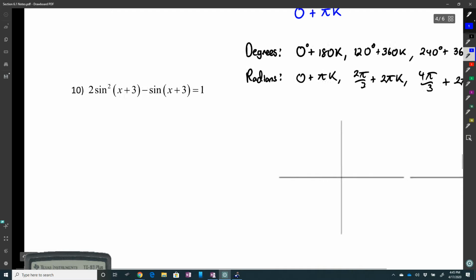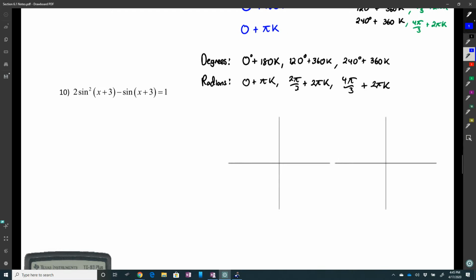So we have 2 sine squared of x plus 3 minus sine of x plus 3 equals 1. All right, so this one is different because there are 2 of the same thing, 2 sines. And so what you have to realize here is that it's actually a hidden quadratic. I'm going to subtract the 1 over.